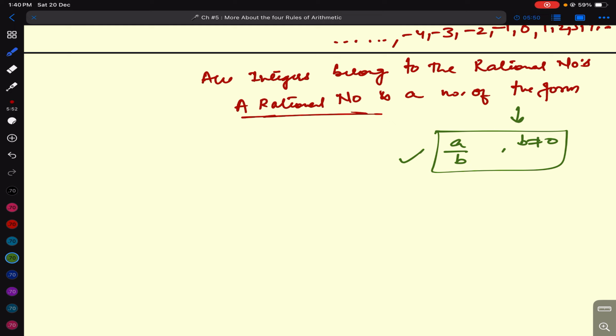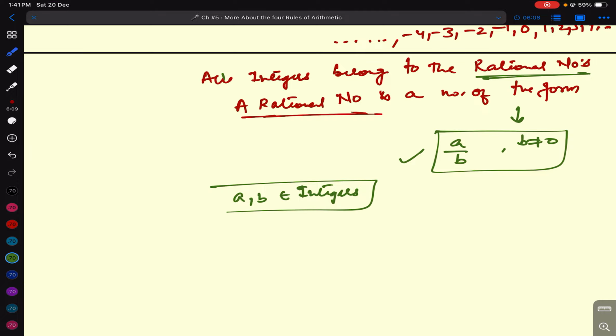Okay, so this is your rational number. Now we can say that all the integers belong to the rational numbers. And how do we represent a rational number? It is basically a over b, where b is not equal to 0. Now what are a and b? A and b both are integers.